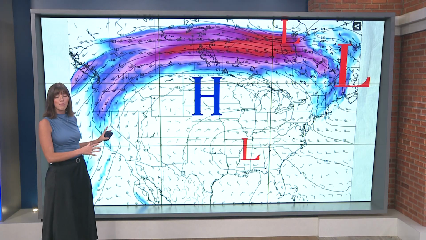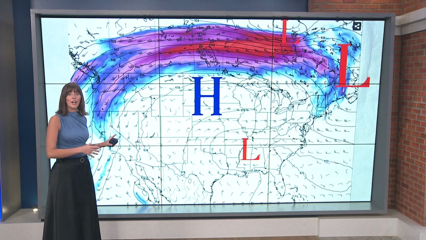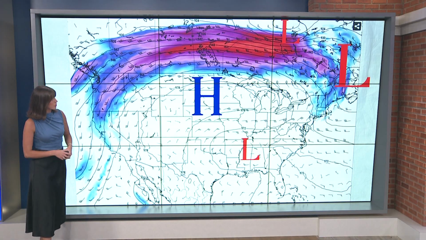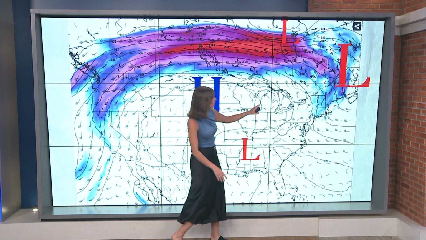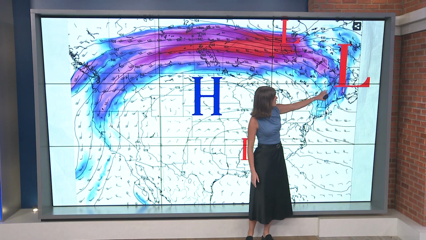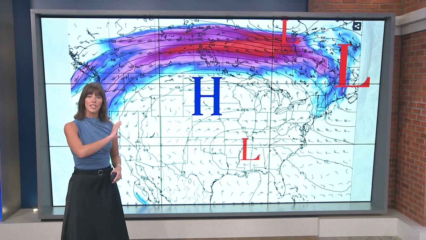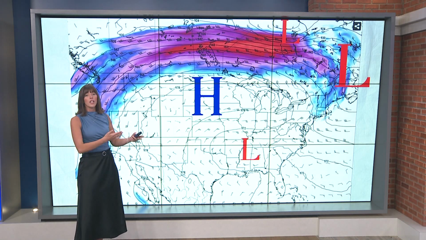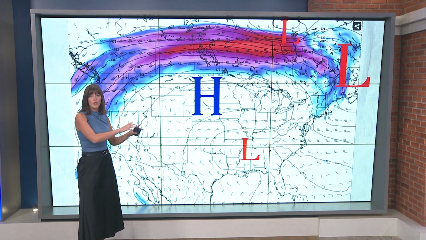So this is a map of the upper level airflow, the jet stream that we've got ongoing across the United States right now. You can see it's a little cut off, but out far to the northeast, we've got this low pressure system. And you can see that high pressure system setting up across most of the western United States, northern United States.